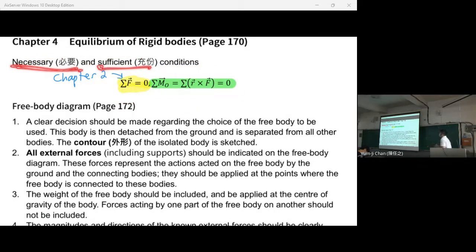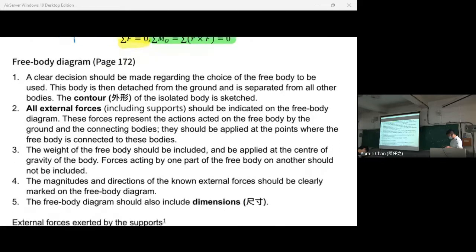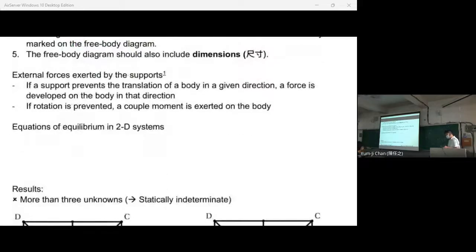Okay. And we go on with equations of equilibrium in 2D. I'll come back to that later. So we have summation F equal to 0 and summation M equal to 0.